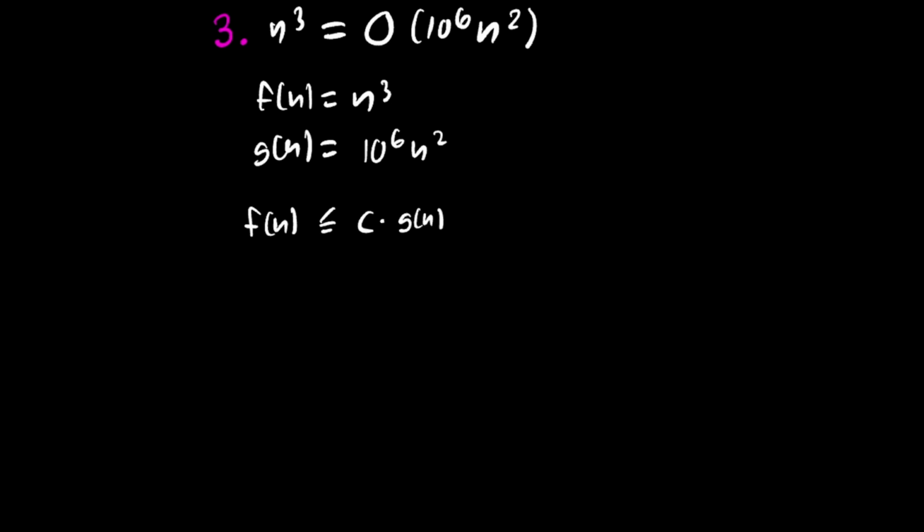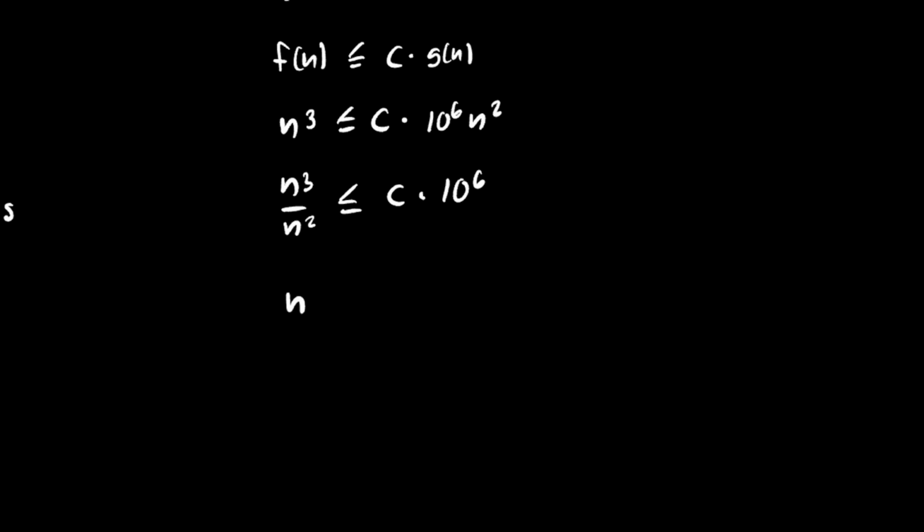As easy as that. We're going to input our numbers here. We move n squared to the other side, so at the end we're going to have n less than or equal to c times 10 to the 6th.